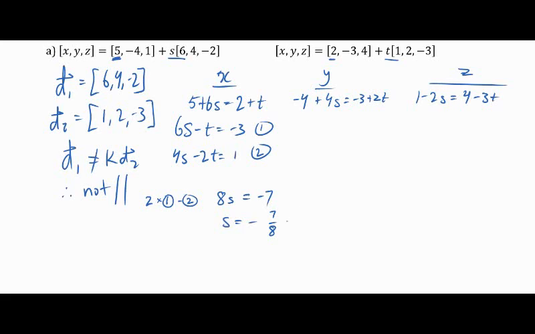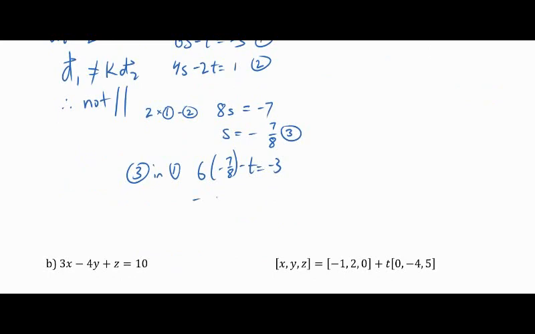And then sub that into equation 1. So 6 times negative 7 over 8 minus t equals negative 3. So I get negative 42 over 8 plus 3 equals t, and t works out to negative 9 over 4.